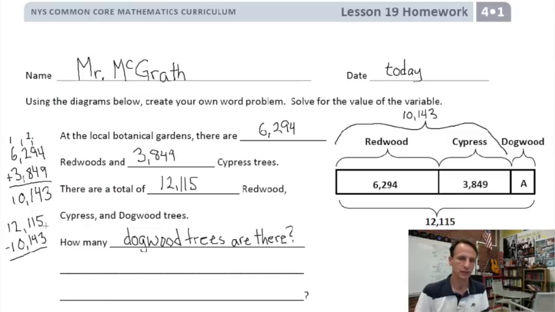So 5 minus 3 is 2. Now 1 minus 4 I can't do without regrouping, so I'm going to go over here, take that 100, bring it over here as 10 tens with the 10 already there. Is now 11 minus 4. Do 7, good.